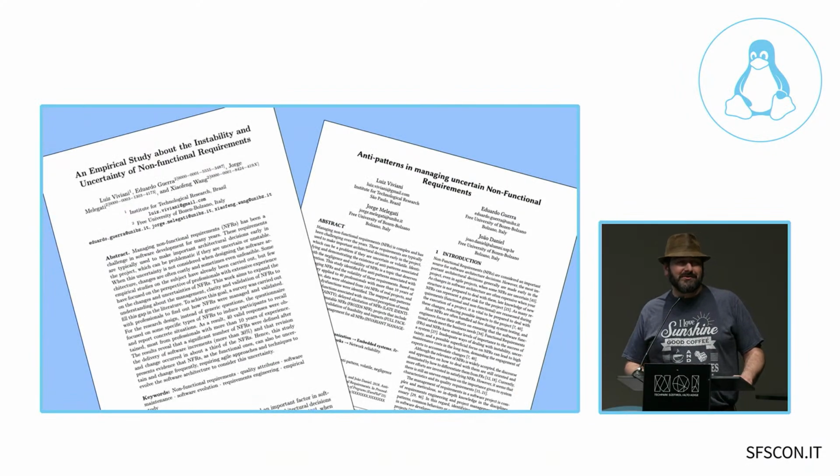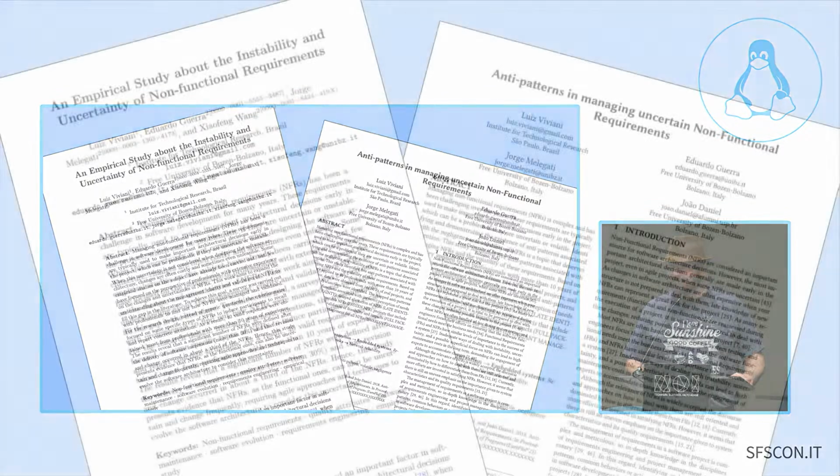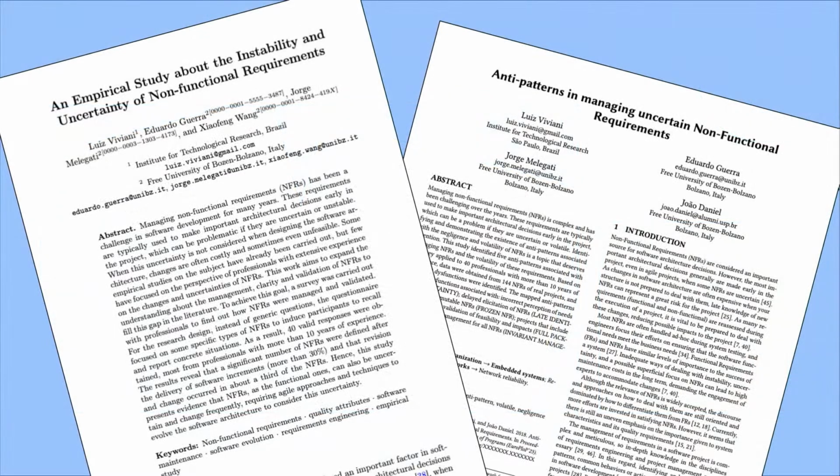And in this talk, we are going to talk about some mistakes, some anti-patterns, things people do wrong when dealing especially with this kind of requirement, right? And this is not something I just came up with. It's based on a survey we did with a lot of professionals, and also on this paper about the anti-patterns.